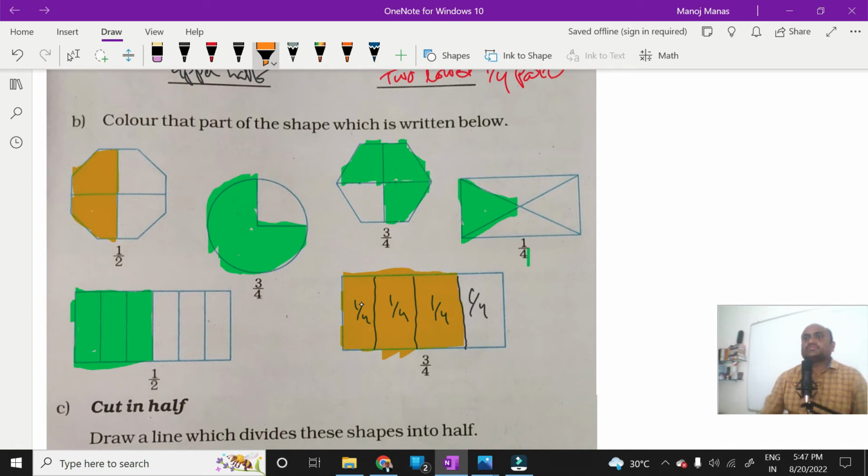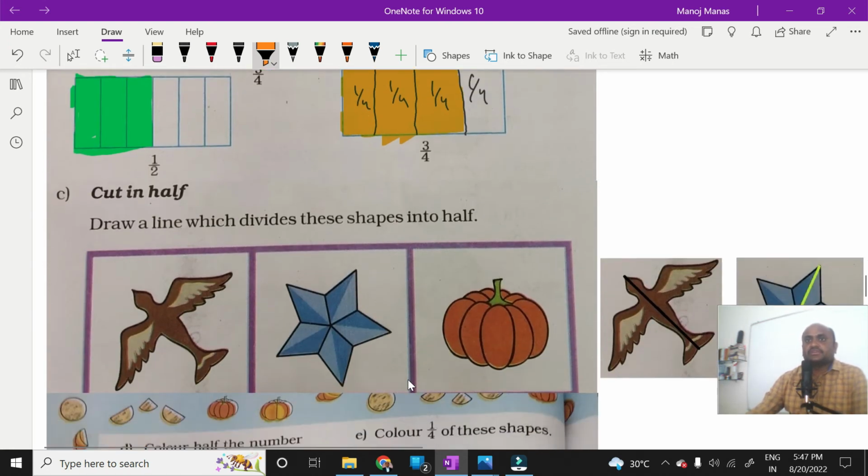Okay, so like this you have to color the parts of the given shapes as per the number that is mentioned. Now the next task is to draw a line which divides these shapes into half. So here we have one bird, one star or diamond shape, and another one is a pumpkin.